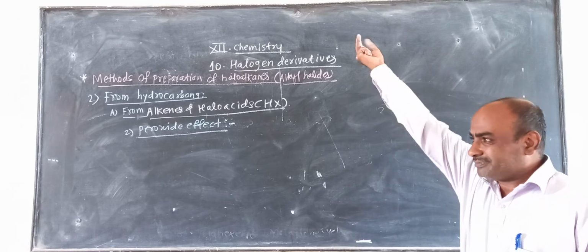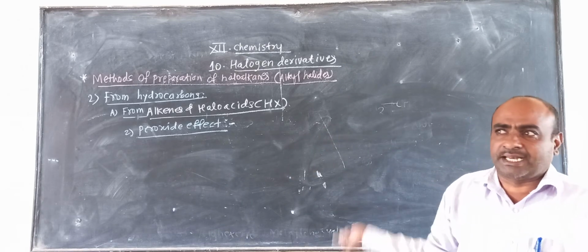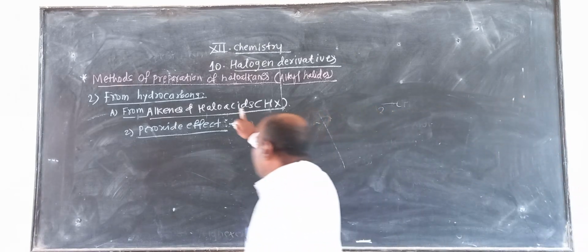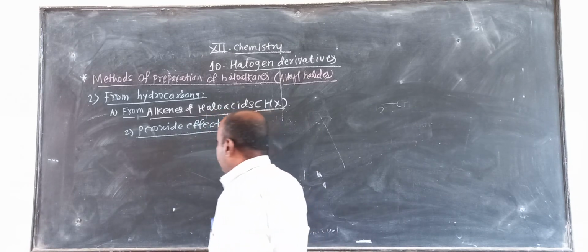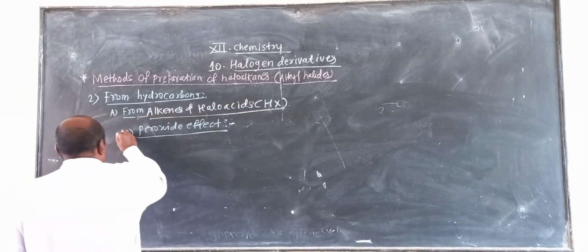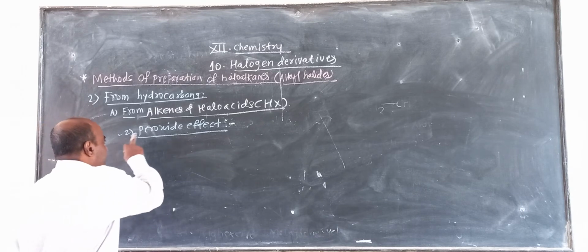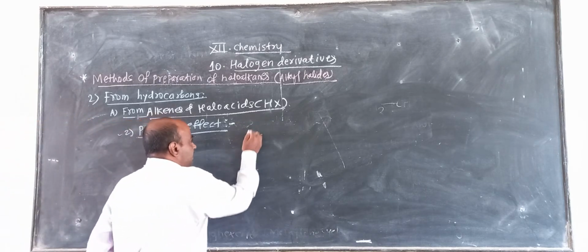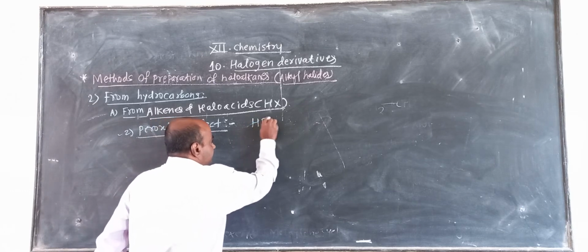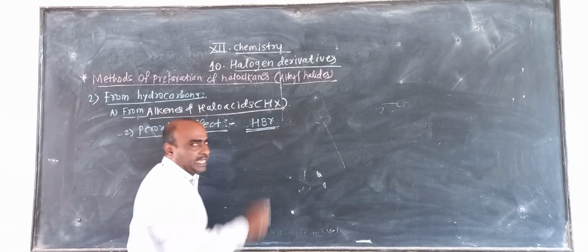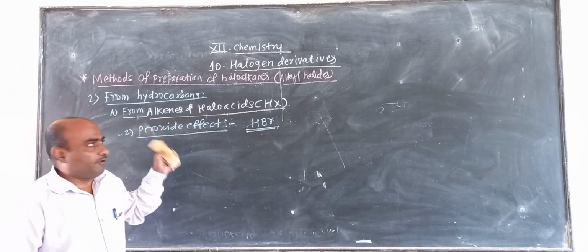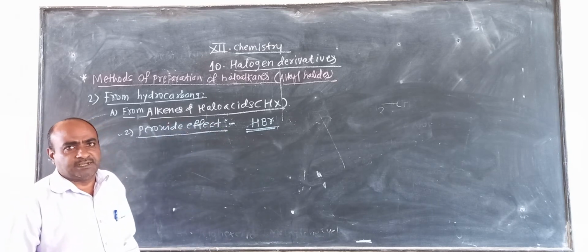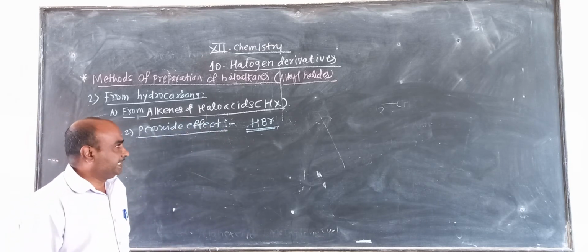So the peroxide effect is the exact reverse of Markovnikov's rule. According to the anti-Markovnikov rule or peroxide effect, this effect is only observed in the case of the halo acid HBr, and not observed in the case of HCl or HI.